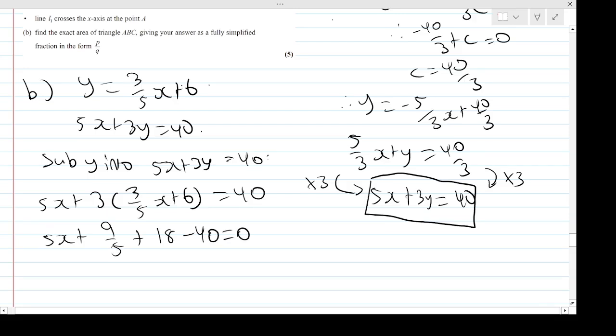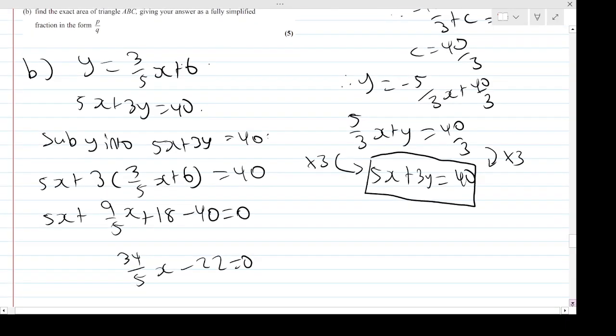Then I can collect the x's. So 5x plus 9 over 5x, so do 5 plus 9 over 5 on my calculator. That's 34 over 5x. And then I get 18 minus 40, which is minus 22, equals 0.